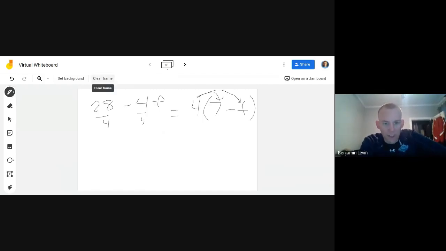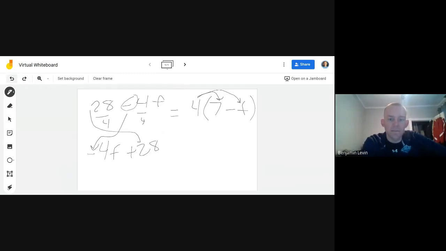Again, we could also write this backwards. We could write negative 4f plus 28, because the negative has to stay with the 4, and the 28 was positive, so it stays positive, right? Or we could rewrite this with the parentheses and make it backwards: 4 times negative f plus 7, right?